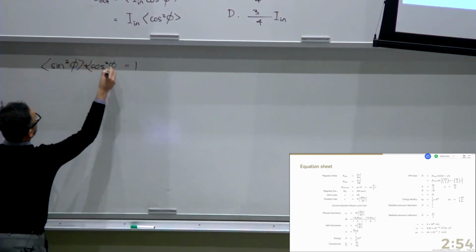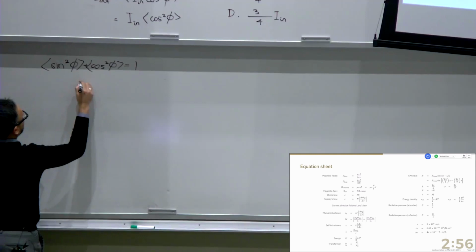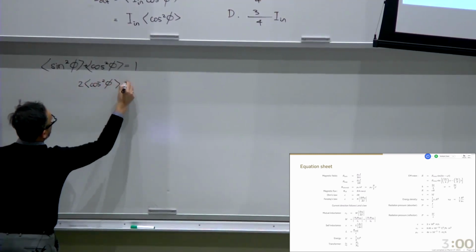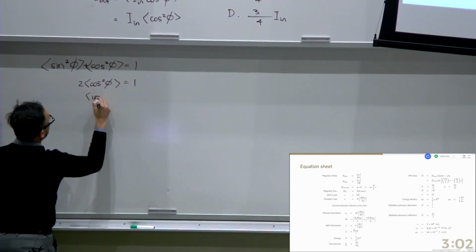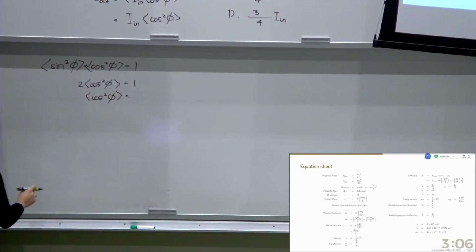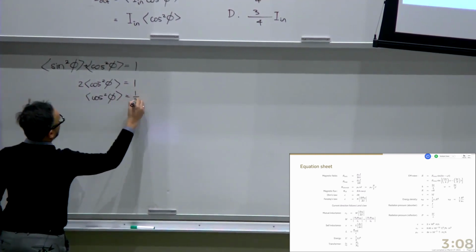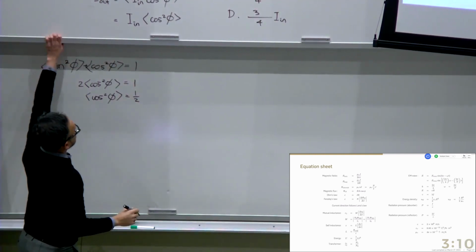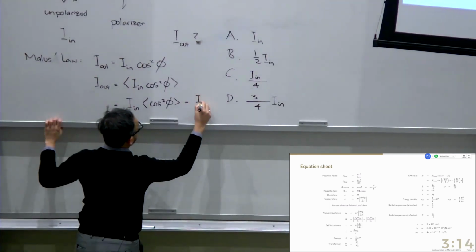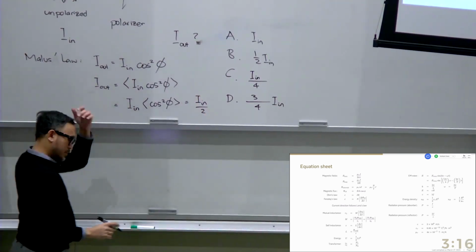So they are identical. So in theory, the average of cosine square phi is equal to 1/2. So using this value, the answer is I input divided by 2.